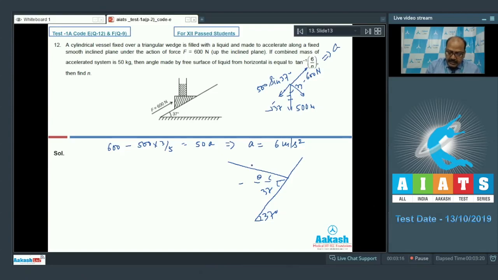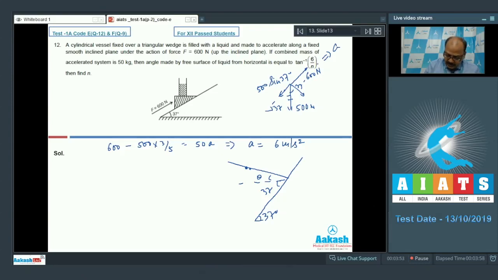Now the idea here is that if we consider a particle on the surface of liquid of mass m, then the resultant of pseudo force and mg on this particle is perpendicular to the surface, right? So there is no component. If we consider these two forces, the pseudo force and mg, their resultant along the surface will be 0. Whatever the resultant, it will only be on the normal to the surface.